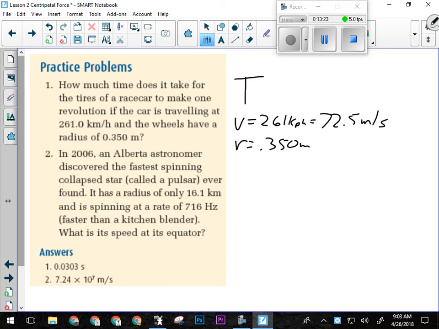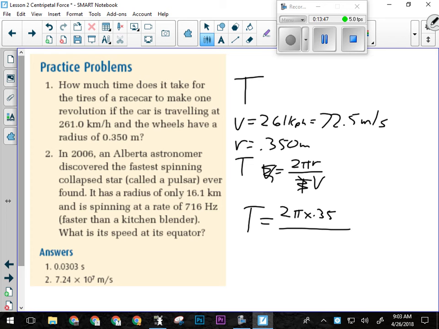With those two things, I should be able to calculate T using V equals 2 times pi times R over T. That's the formula I would have to use here. I need to solve for T, so I'm going to multiply both sides by T and then divide both sides by V. So that'll be 2 times pi times 0.35 divided by 72.5.